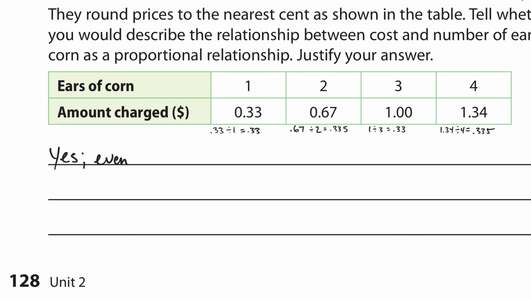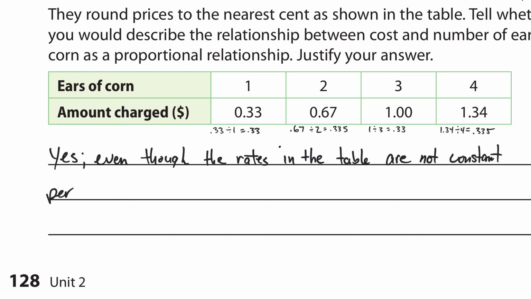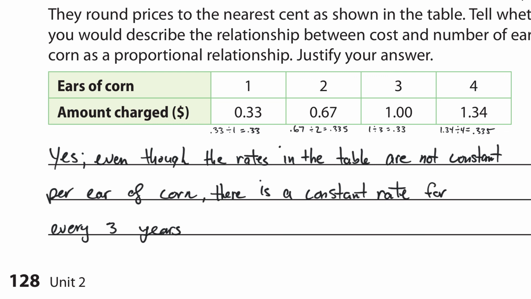But even though the rates in the table are not constant per ear of corn, there is a constant rate for every 3 ears.